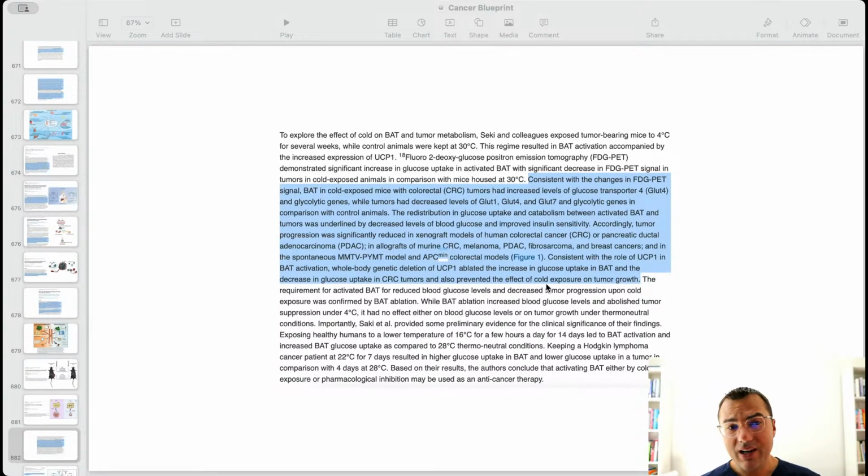So that actually is kind of controversial, right? Basically, all the studies we looked at before these mouse cancer studies were saying that it was all the shivering response that gave us the benefit of lowering blood glucose, right?